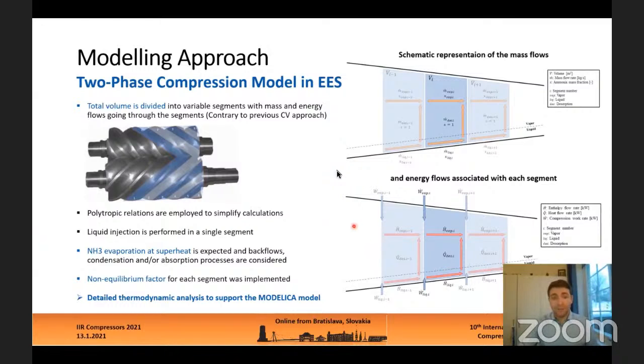Additionally, a non-equilibrium factor for each segment was implemented to compensate for the homogeneous approach from the Modelica model, and so we want to use this model for detailed thermodynamic analysis to support basically the Modelica model.